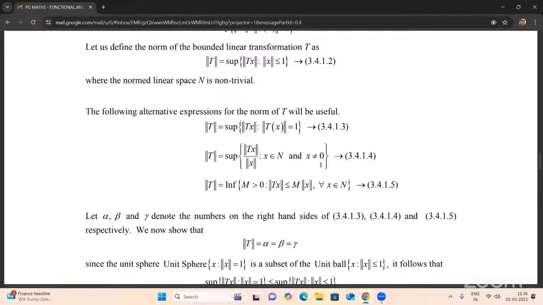Because through the boundedness, how to define the bounded? Already we have defined it in the lower classes. According to that, lower bound and upper bound: boundedness means any non-empty subset of the real numbers is either bounded above or bounded below.